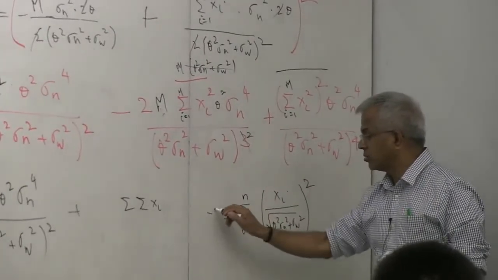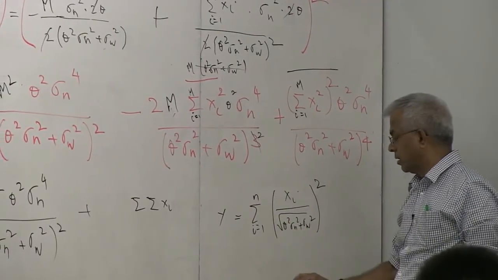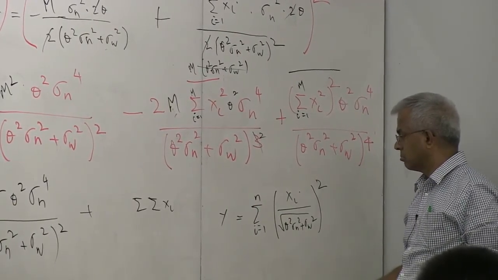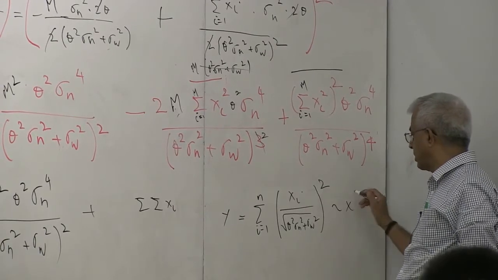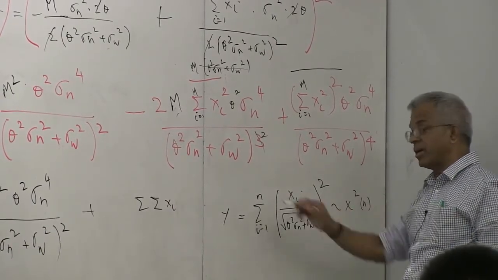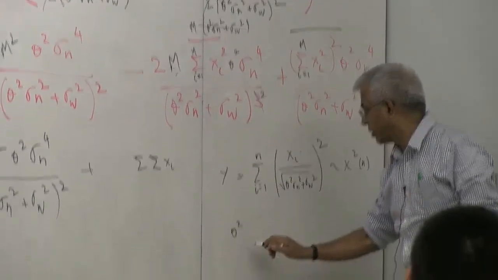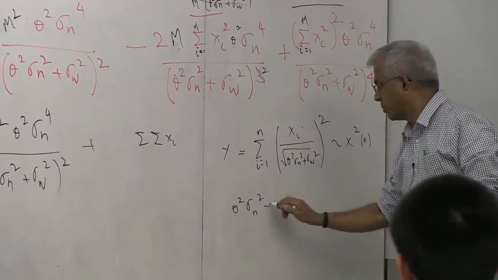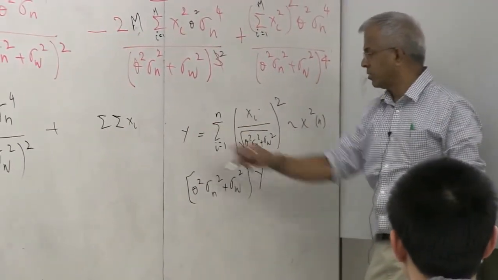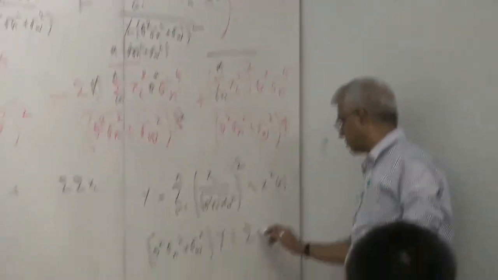So if I call this y, y is chi squared with n degrees of freedom. So its variance is 2n. So this is the same as saying that theta squared sigma n squared plus sigma w squared. This is why the modified Cramer Rao bound is much easier. If I pull this out, you get this identity, right?